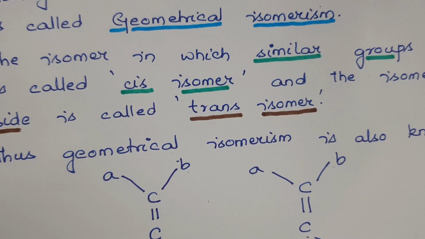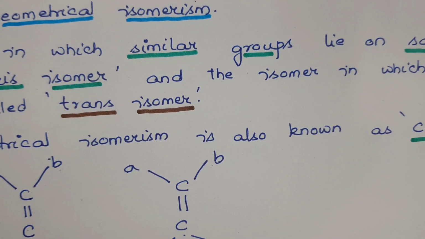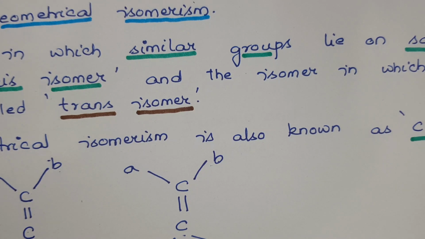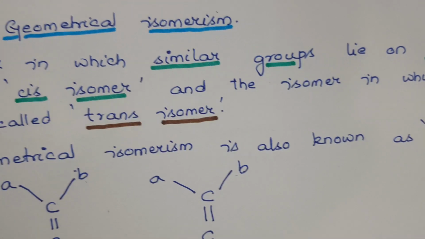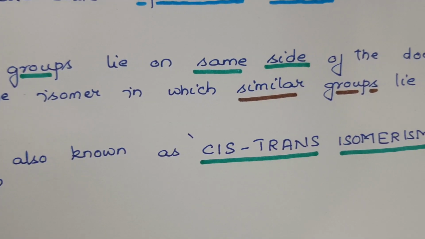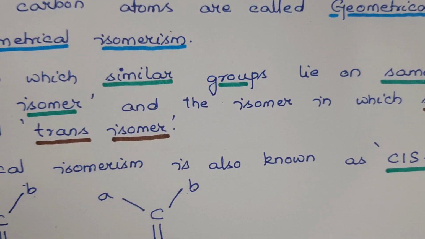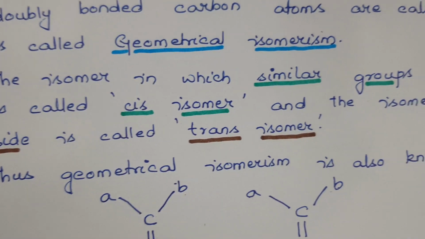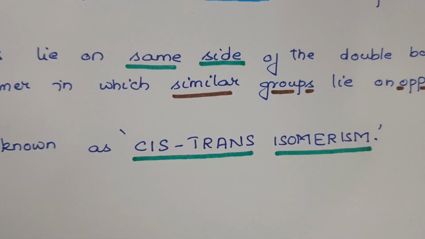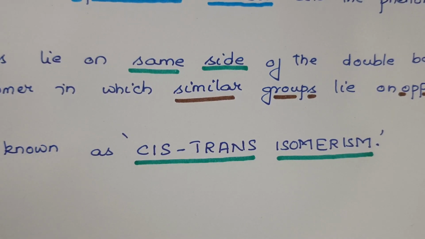So underline: similar groups lying on the same side, and such an isomer we call the cis isomer. Also underline, students: similar groups on the opposite side, trans isomer. Therefore, geometrical isomerism is also called cis-trans isomerism.